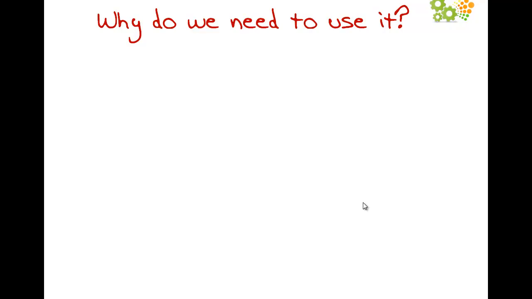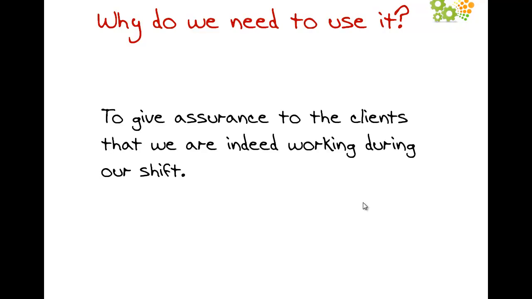That means we don't have to go to the office every day where our supervisors or the clients can talk to us in person and monitor how we're progressing with the projects that they are assigning to us. So we actually need PCA so that we can give assurance to the clients that we are indeed working during our shift. So basically, this is just to build trust between the clients and the PITC management that we are doing what we're supposed to do when we log in for the day.